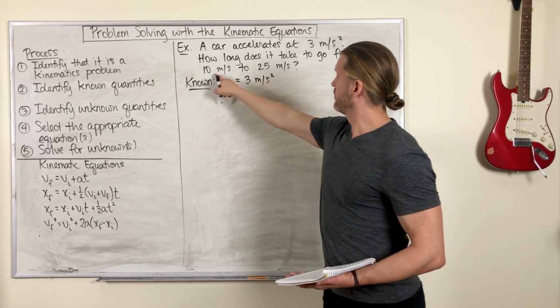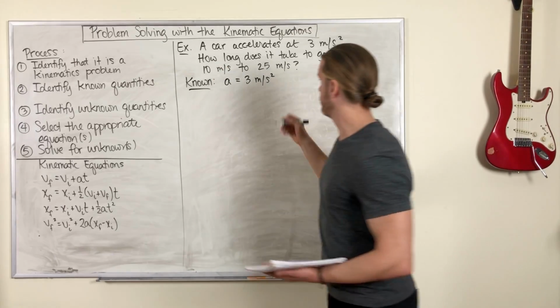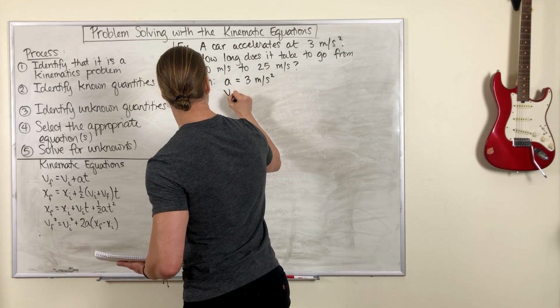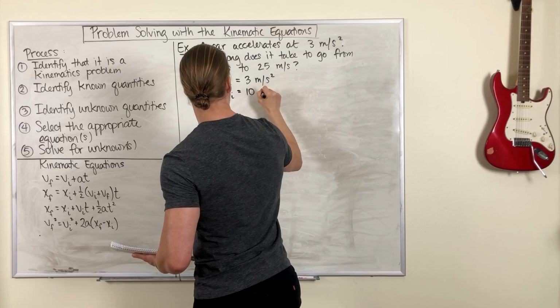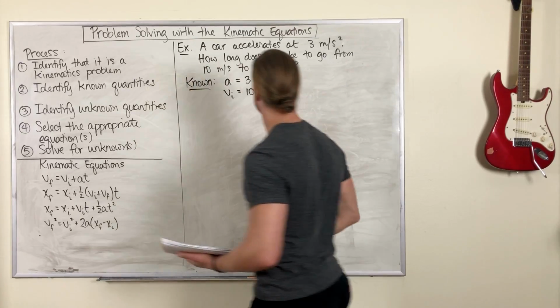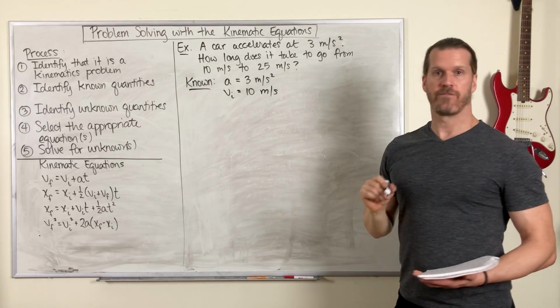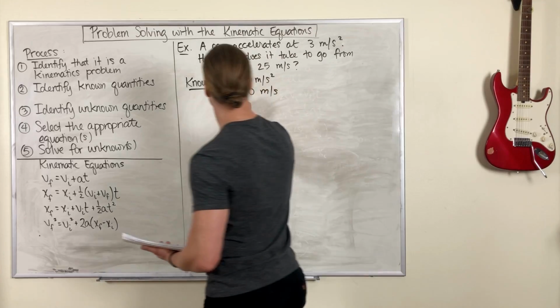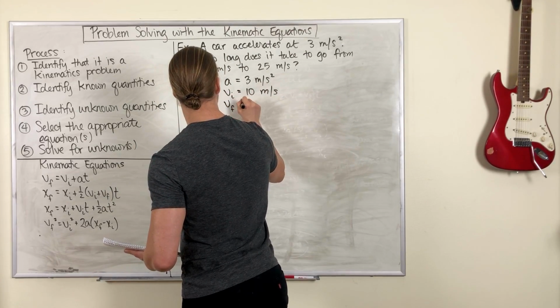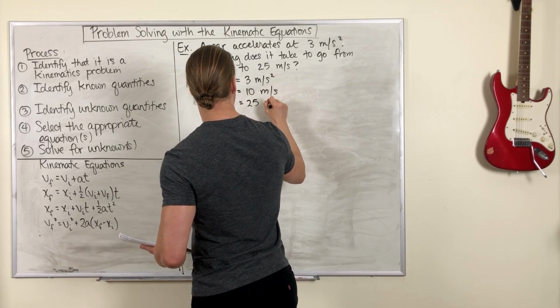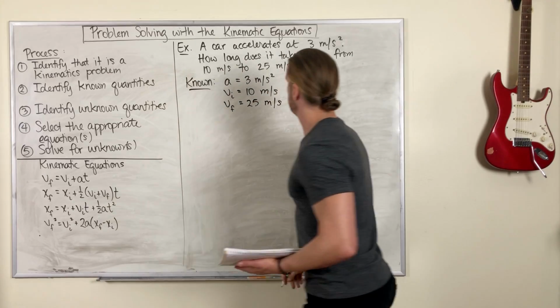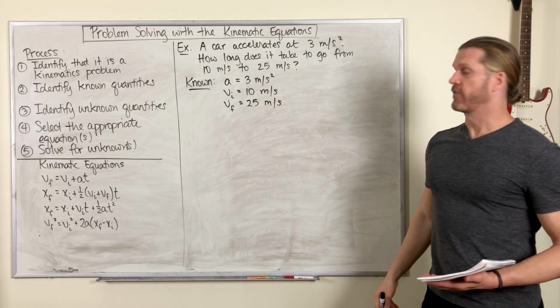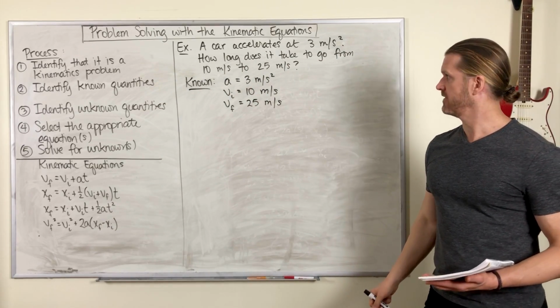We are given the car's initial velocity, 10 meters per second. We're given the car's final velocity, 25. That's all the information we know.